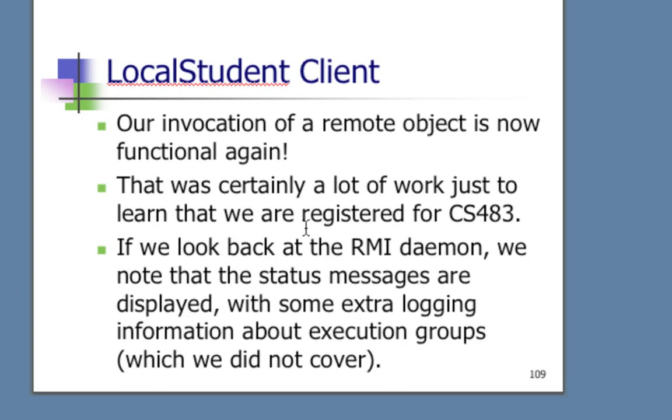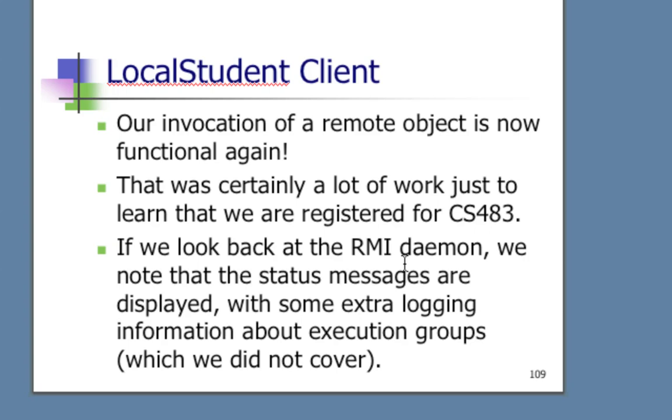So the local file client or invocation of the remote object is now functional again, well, theoretically. After a lot of work, we just learned how to do a CS483 check on a registration. So we'll look back at the RMI daemon. We note that the status messages are displayed with some extra logging information.